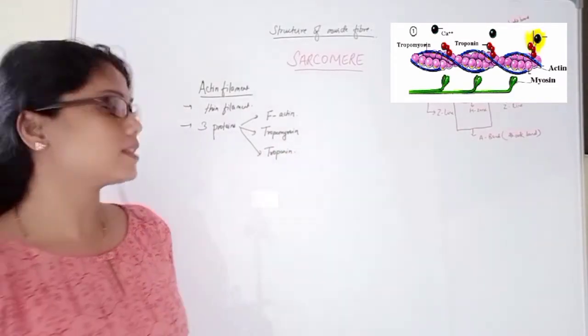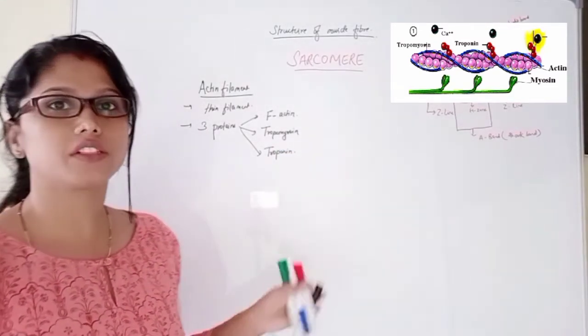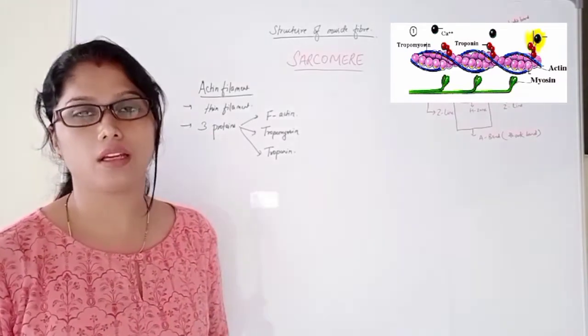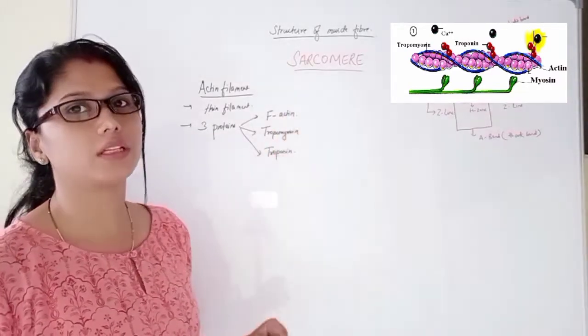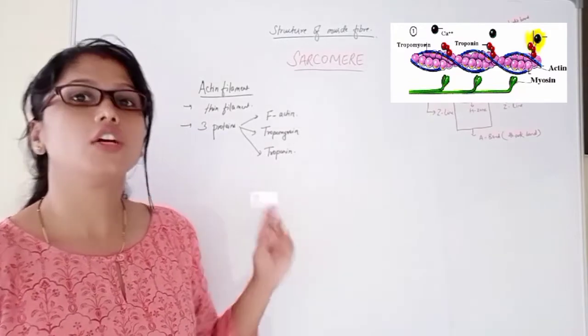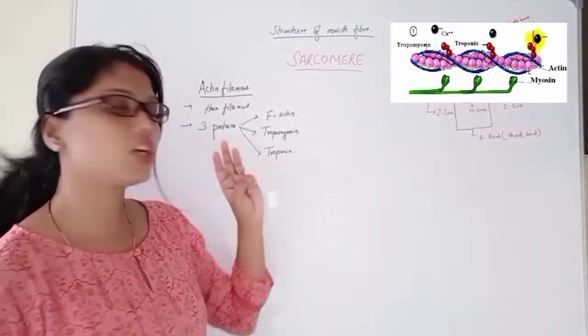It also consists of other proteins, but this actin filament is made up mainly of three proteins: F-actin, tropomyosin and troponin.